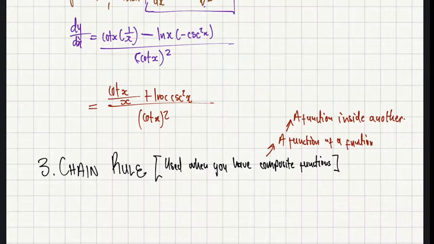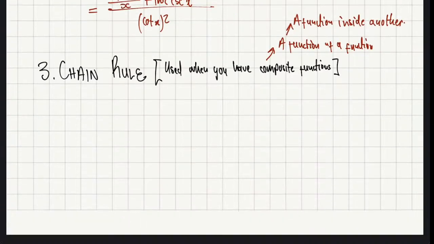The word composite means function of a function, which means when you have one function, not multiplying, not dividing, but getting into another. Are we together? Yes. This, you have to use the chain rule.